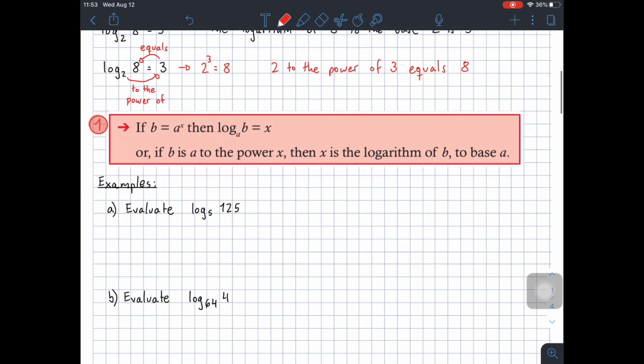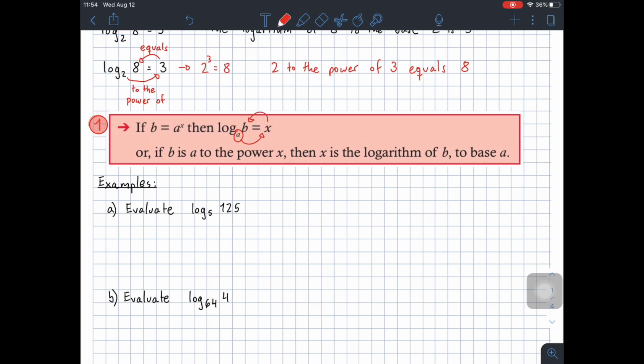So this is the most important thing you should remember. If b is equal to a to the power of x, then log base a of b is equal to x, okay? Remember the rule is as follows. It's always a, or the base, to the power of this should give me this.